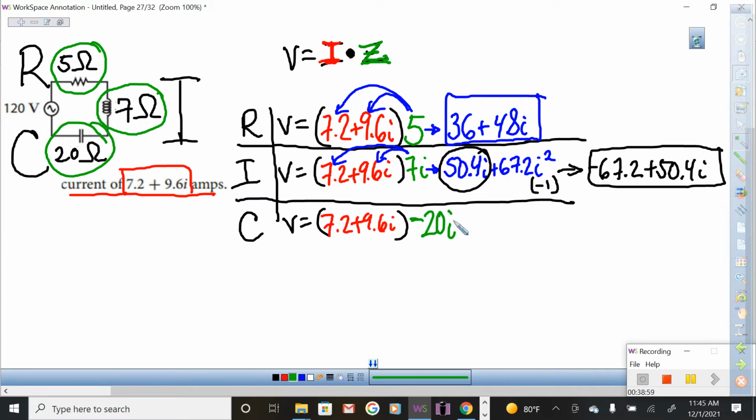Negative imaginary. All right. So let's distribute that. Distribute. That gives us -144I. Is that correct? Yes? Okay, good.